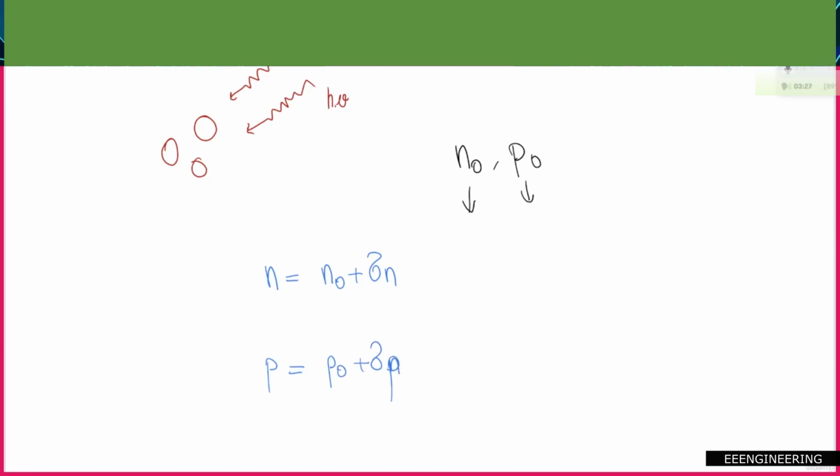And here's the logic. All right, here what we have is N is the concentration we have, and N0 is the thermal equilibrium concentration. And delta N we have in here is the excess electron concentration.